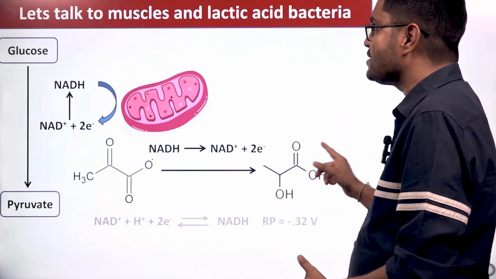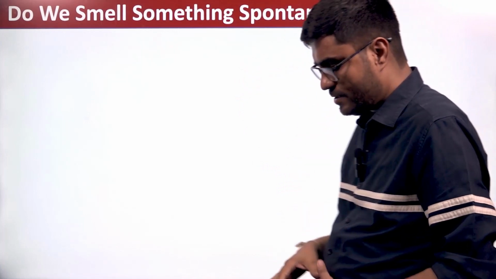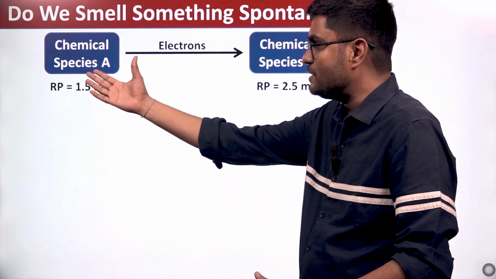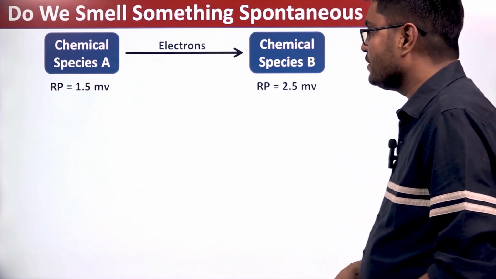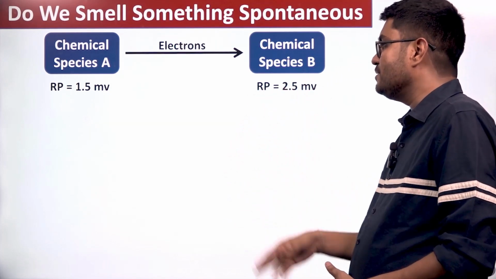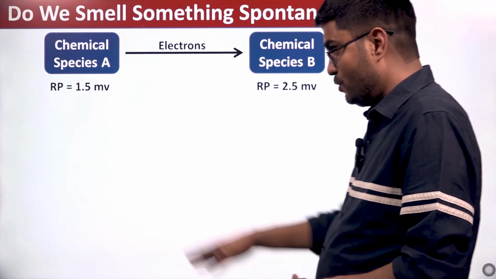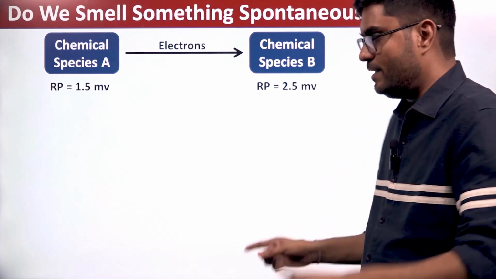So we are smelling something spontaneous. Again, we have two species: chemical species A with low reduction potential, 1.5 millivolt, and chemical species B with high reduction potential, 2.5 millivolt. Electrons will start moving from low reduction potential to high reduction potential spontaneously.